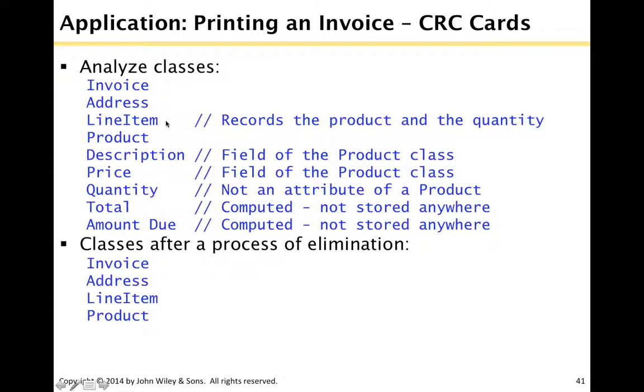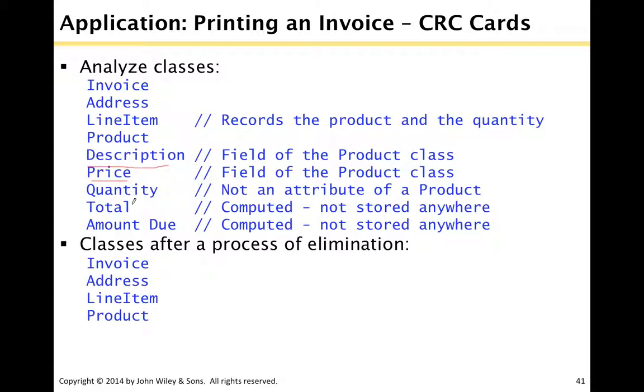We analyze the relationships between those classes very briefly. For example, description is more like a product property or attribute, so it will be an instance variable member of the product class. Similarly, price.